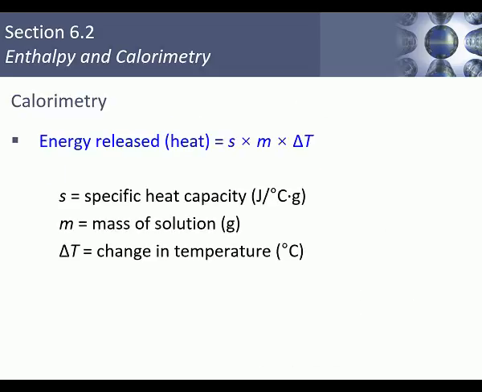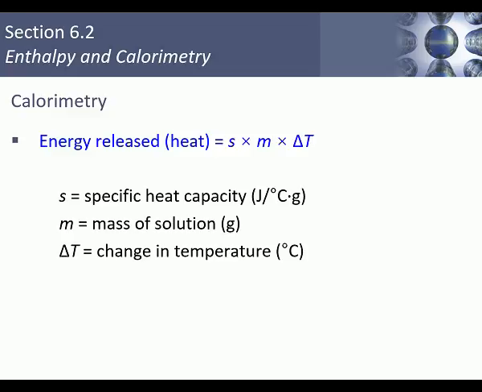So in this section, one of the more common equations that you're going to use is an equation for energy released, or the amount of heat. Your book uses the term s to represent specific heat capacity. m, lowercase m, equals the mass of the solution in grams. And then delta T represents the change in temperature in degrees Celsius.